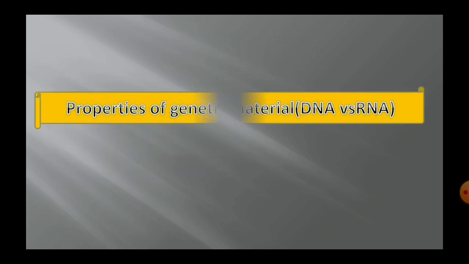Okay. Next, we'll move on to the properties of genetic material. You already know that DNA and RNA are the two genetic materials. DNA is genetic material found in most living organisms, whereas RNA acts as genetic material only in a few viruses.